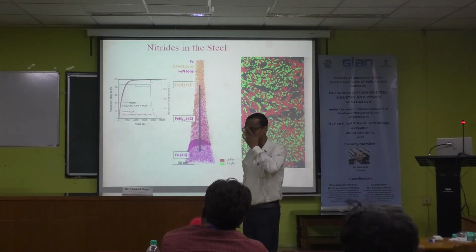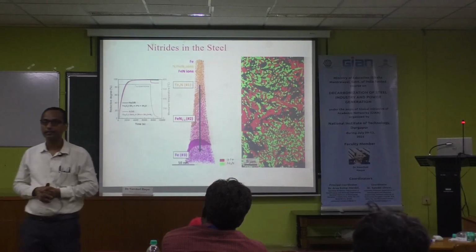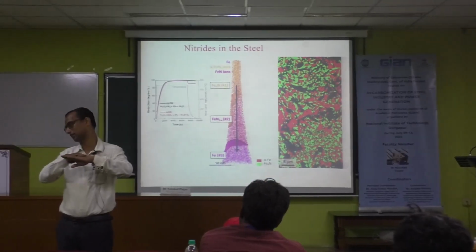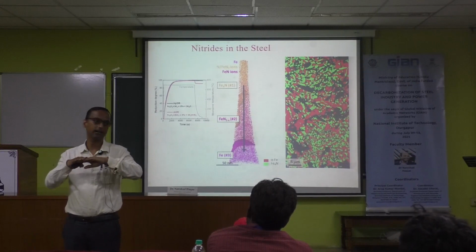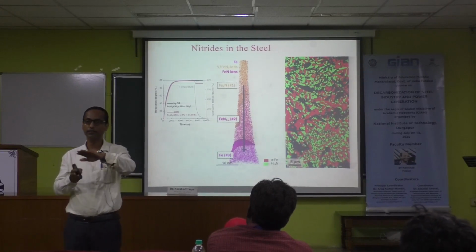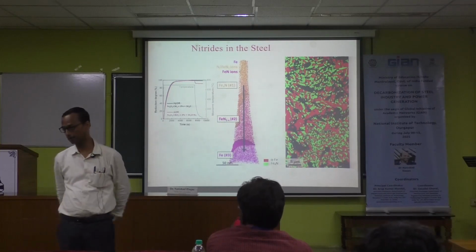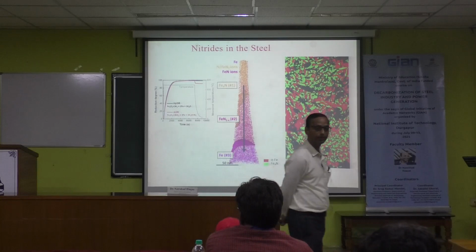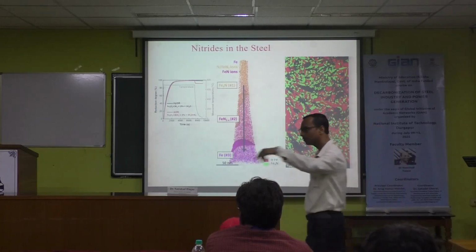If nitride formation is there, it acts as an insulator and effectively coats the surface. What is the benefit? If the surface is nitride and you keep it in normal atmosphere, it will not revert back to oxides. But if you reduce the iron by hydrogen and keep it in normal atmosphere, it will be oxidized.